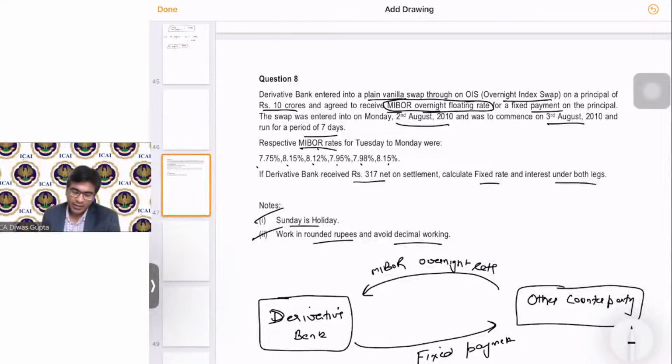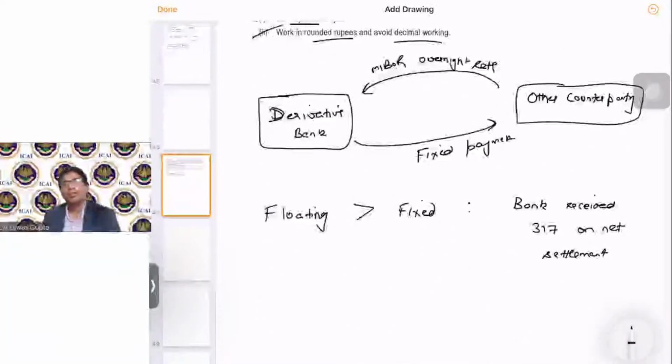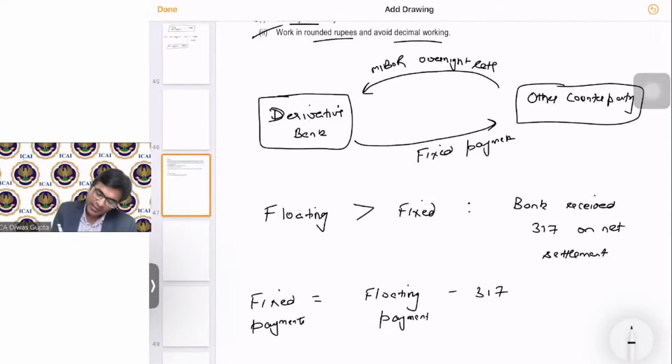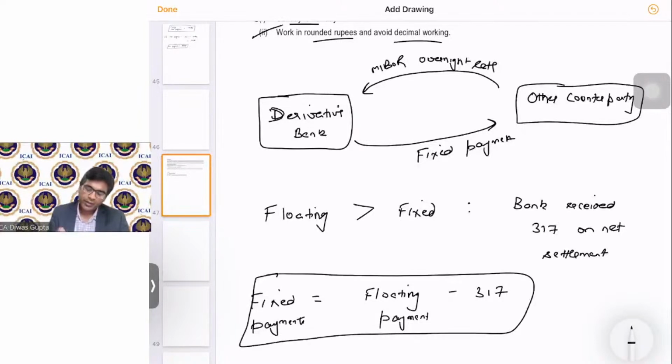Received 317 means floating is higher than fixed. To calculate fixed, we simply do floating payments minus 317, which equals fixed payments. This is a simple equation that will help us calculate the fixed payments.